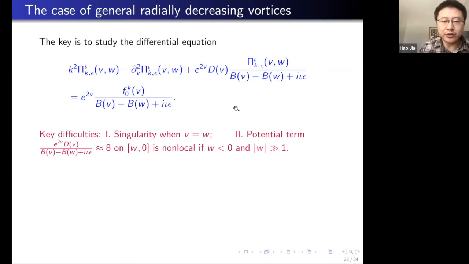The second difficulty is that this potential term is not perturbative. By a simple calculation, when W is very, very negative, this potential term is equal to a constant on a very, very long interval. So when W is less than 0 but with a very big absolute value, the potential term stays constant on a very long interval.